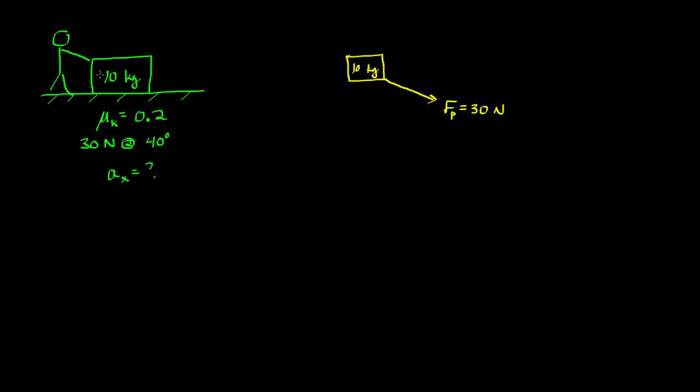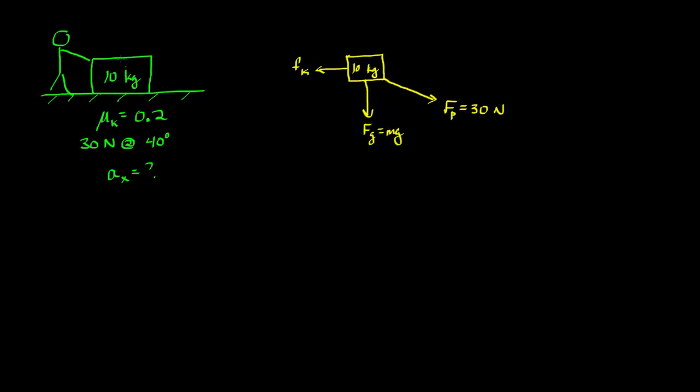Okay, but there's friction. I'm pushing this direction, so the friction acts backwards. So we're going to have some kinetic friction coming back. Kinetic friction. Okay, and then we have gravity, so gravity is pulling it down. And we calculate the force of gravity or weight using mg.